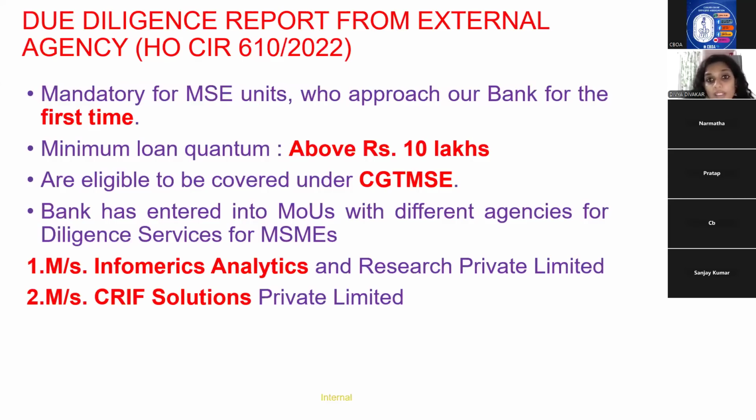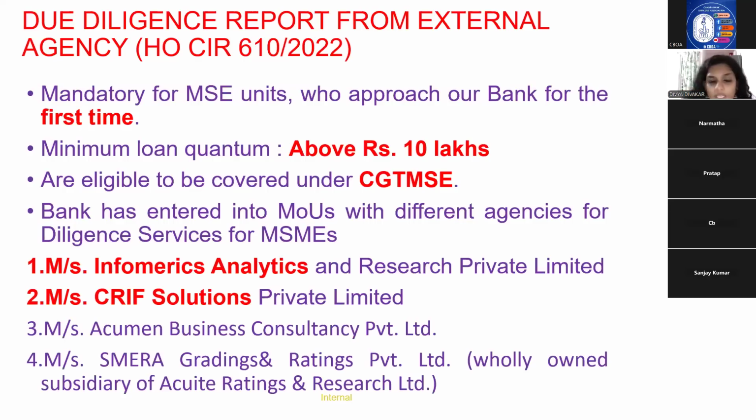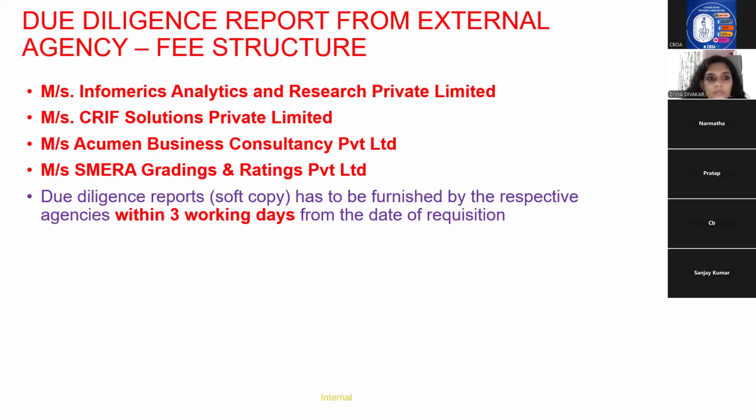And if the loan quantum asked is beyond 10 lakhs, remember, we have to mandatorily obtain the due diligence report if they're approaching for the first time, and they are all eligible when they are asking to be covered under CGTMSE. Actually, the bank has made MOUs with different agencies for due diligence services. One such is Informerix, CRIF, Acumen, Smera, and others. You might be doing it in your branches also. The due diligence report is supposed to be received within 3 days.